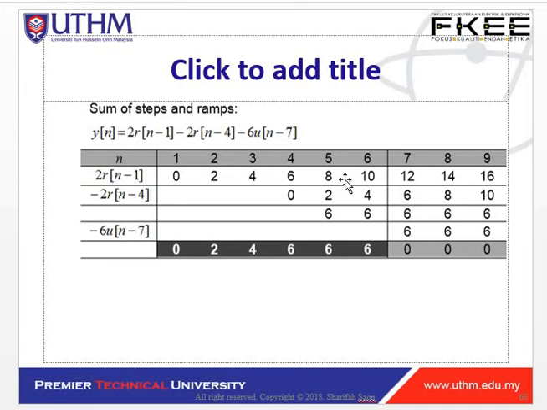You need to subtract 2, so you subtract 2R[n minus 4], because the ramp starts from n equal to 4, with 0, negative 2, negative 4, negative 6. So you have 0, 2, 4, 6, 8, 10 with the minus value, and adding minus 2, you get 6.